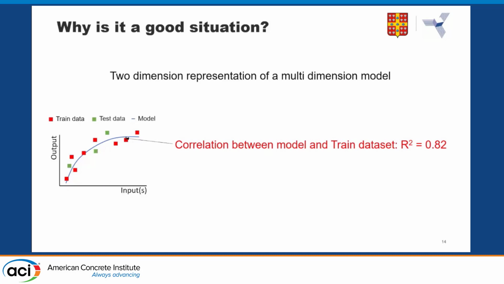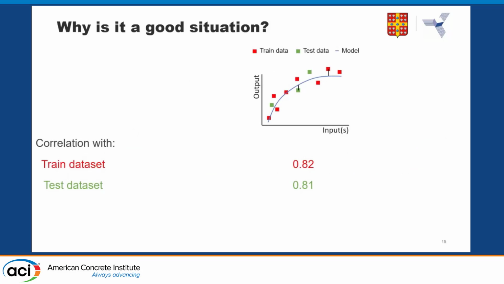Next, if I add my test data, we can calculate the correlation coefficient between our model and the test data set. If I keep those two values and compare them to a more simplistic model, let's take a linear model, in that situation I will get a lower correlation coefficient for train and test data set.